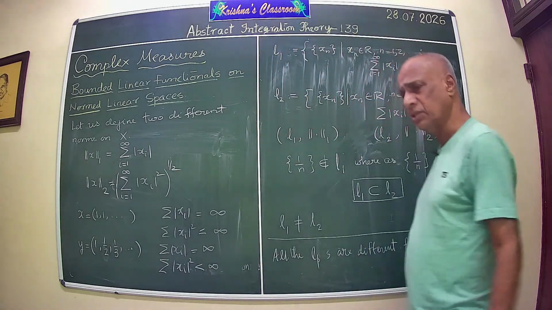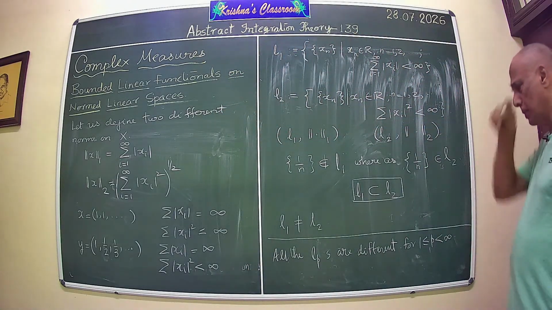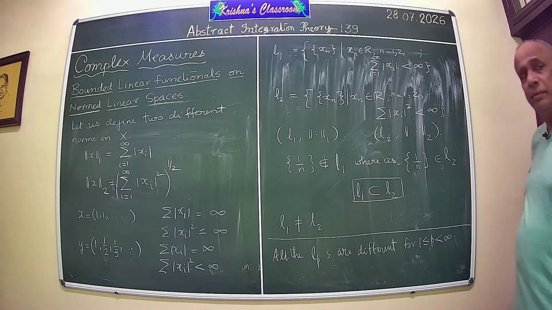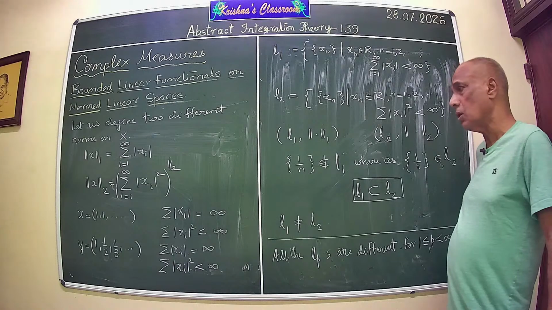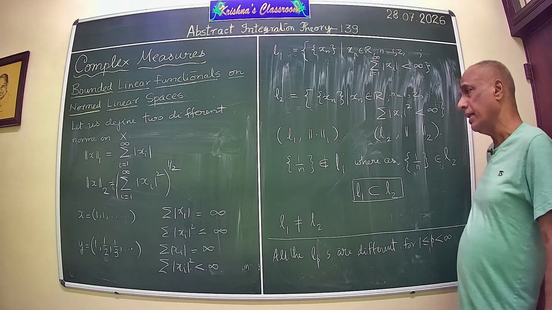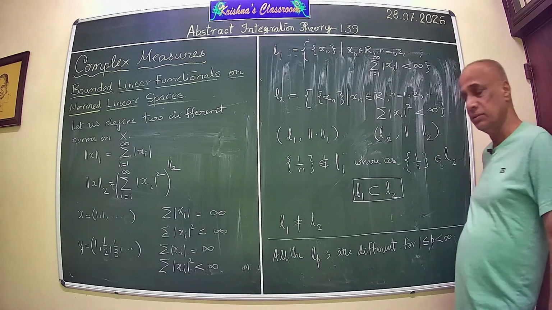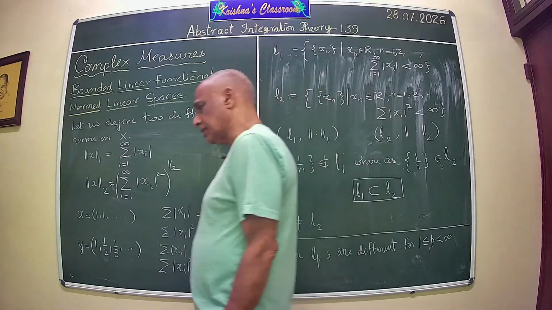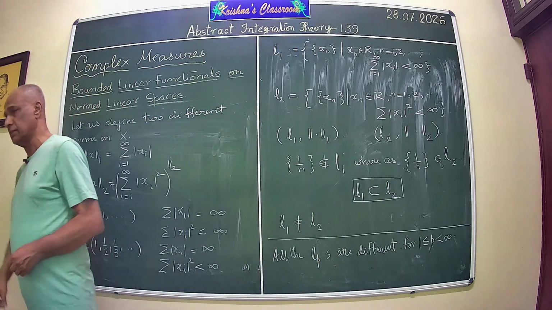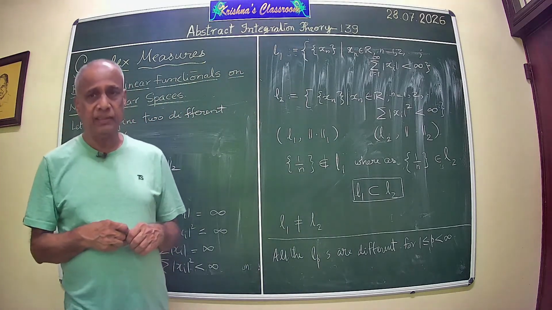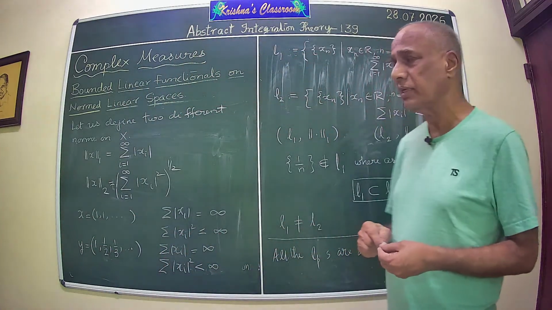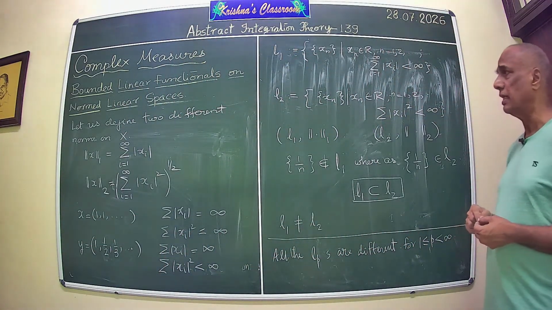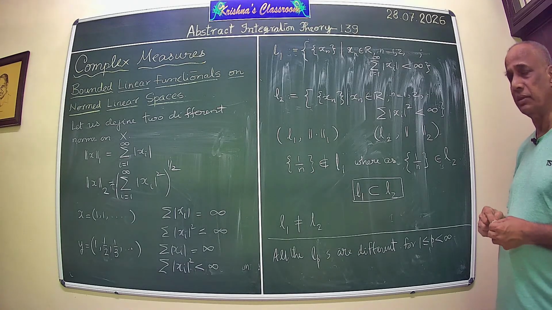Infinite dimensional normed linear spaces, and then determine what are the dual spaces of a given space. Can you identify them with some concrete spaces? For instance, if L1 is given, L1 dual is there. The dual of L1 is what? A set of all bounded linear functionals on L1.